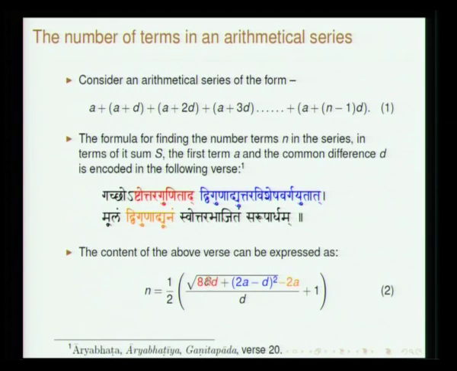So whatever is not presented in this sutra, and if it is available in the previous sutra, we borrow it. So this is the kind of thing which seems to have been done here, and since he was speaking about the sum in the previous verse, here we have to take the sum.